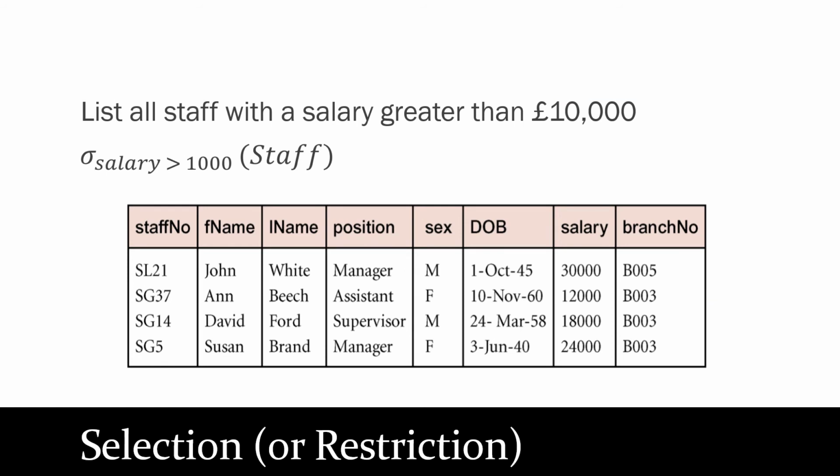For example, we want to list all staff with a salary greater than £10,000. So we write something like this: select salary more than 10,000 from staff. So the result table is like this.